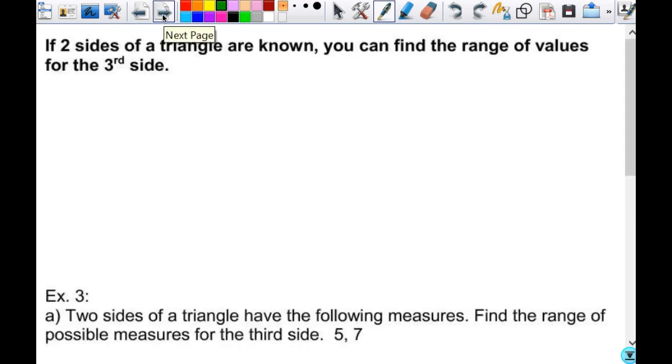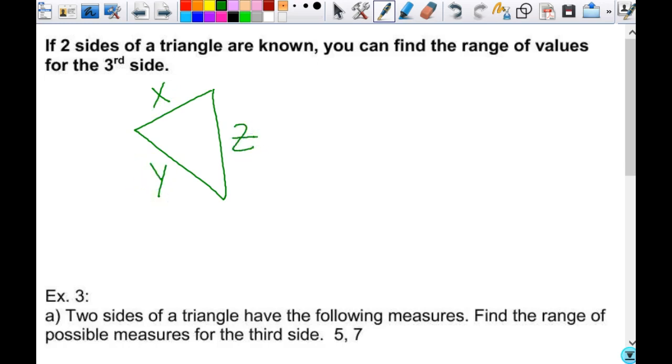Okay, so now, it says if 2 sides of a triangle are known, you can find the range of values for the third side. So let's look at this. X, Y, Z. Okay.